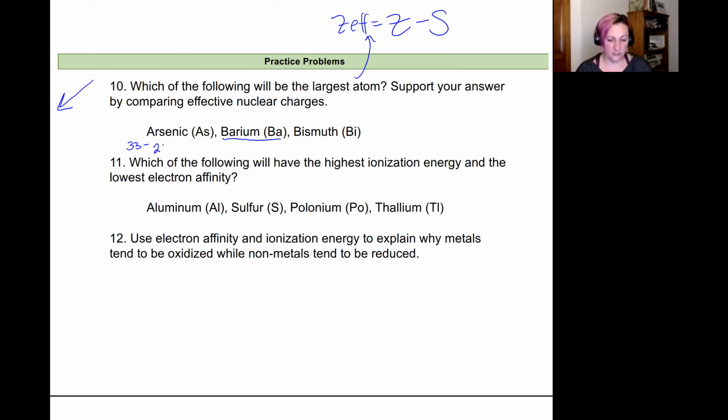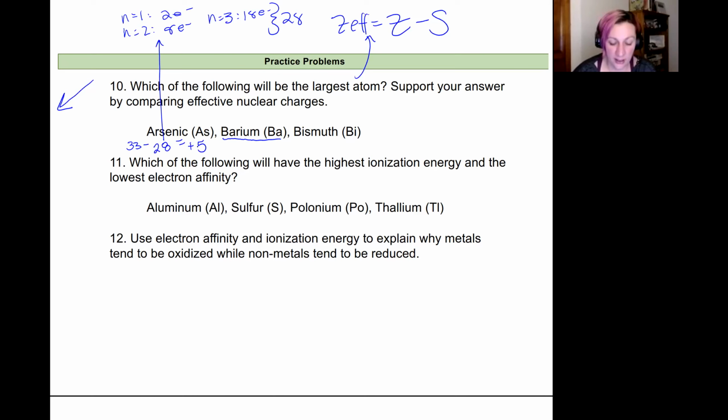That's going to be the electrons in the n equals 1, n equals 2, and n equals 3 shells. The 28 comes from n equals 1 having 2 electrons, n equals 2 having 8 electrons, and n equals 3 having 18 electrons. I'm taking the sum of that to get to my 28. And so it's going to have an effective nuclear charge of +5.